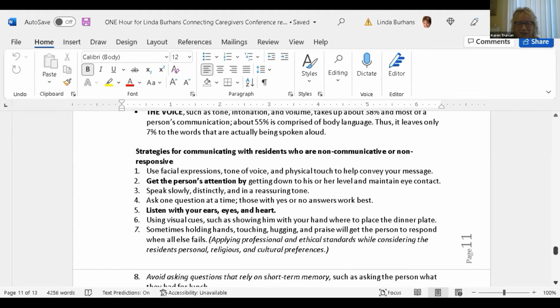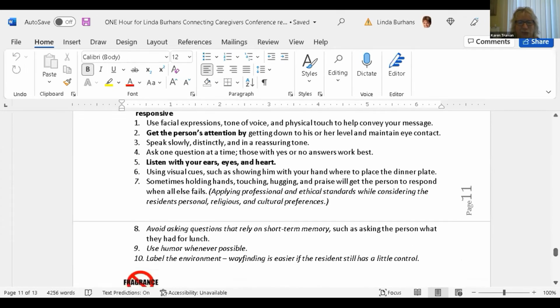And in professional settings, we have to do holding hands, touching, hugging. We have to apply professional and ethical standards while considering the residents' personal, religious, and cultural preferences. Those are all things we have to do.